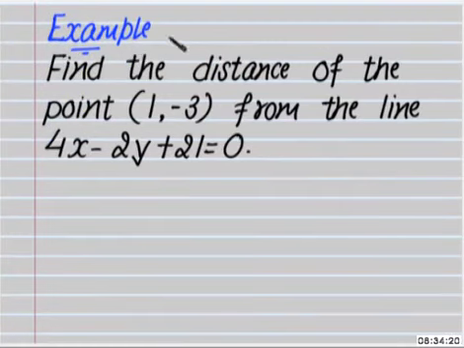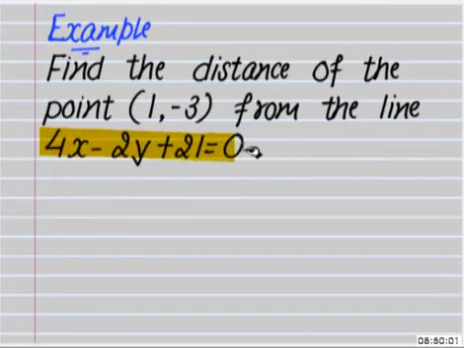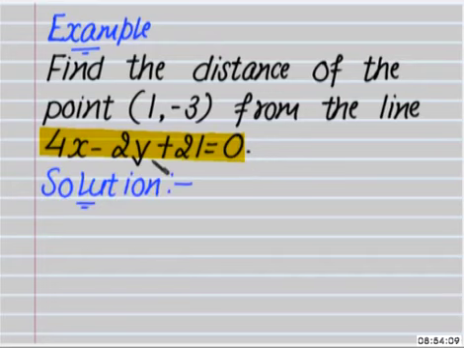Now let's see an example. Find the distance of the point with coordinates 1 and minus 3 from the line 4x minus 2y plus 21 equal to 0. Now its solution.